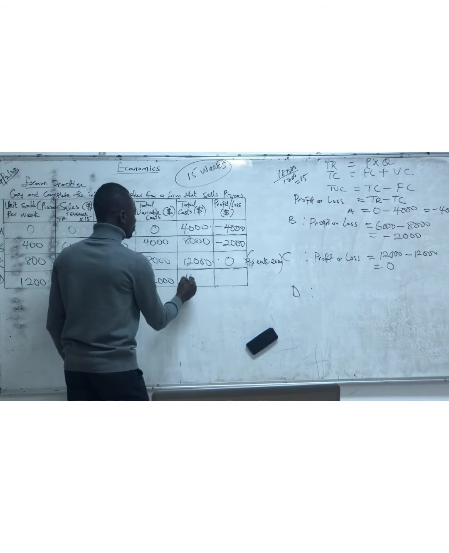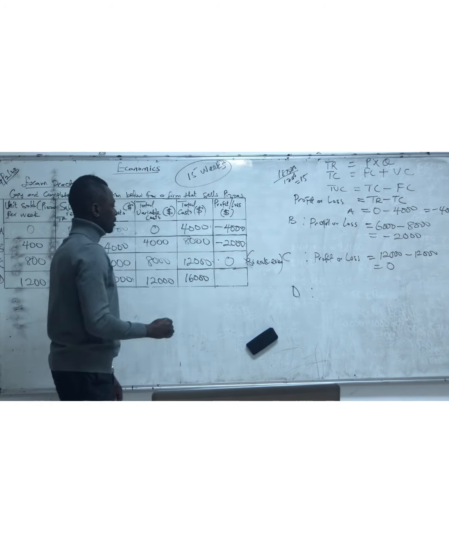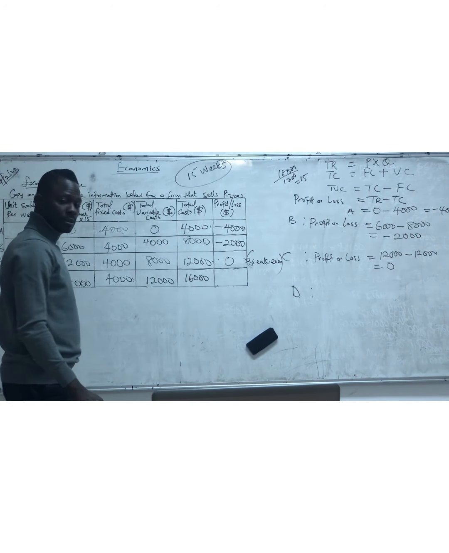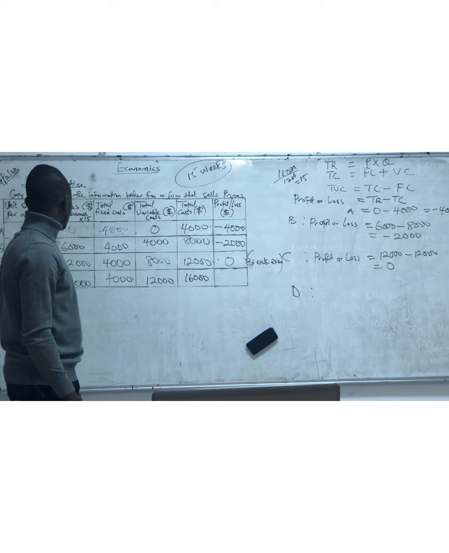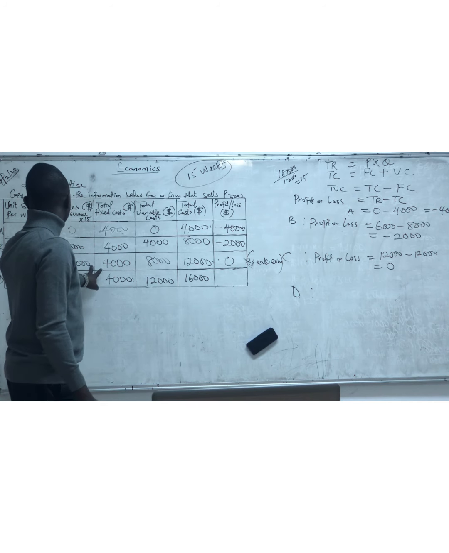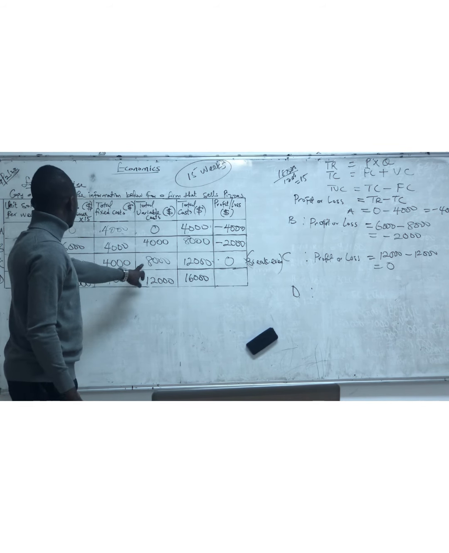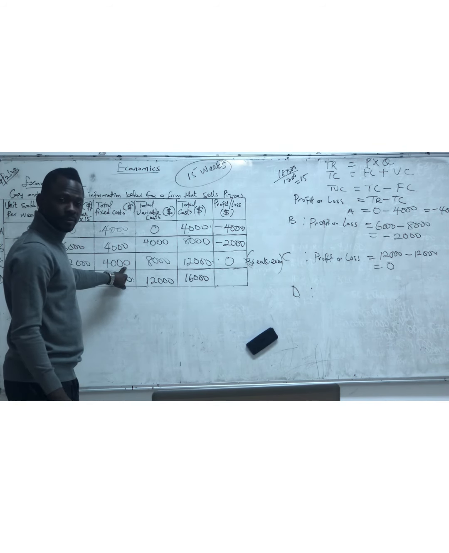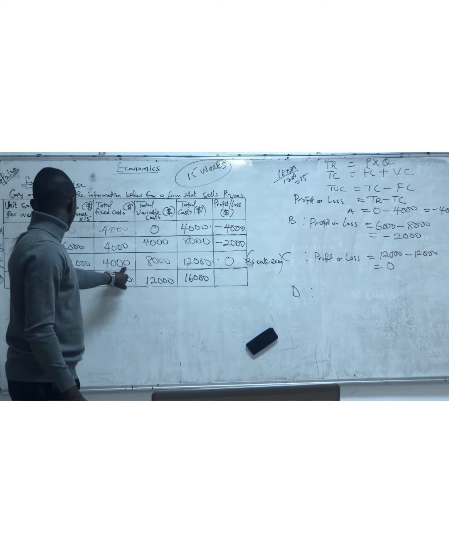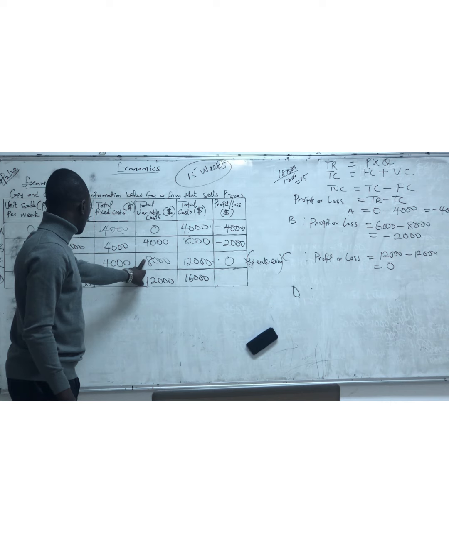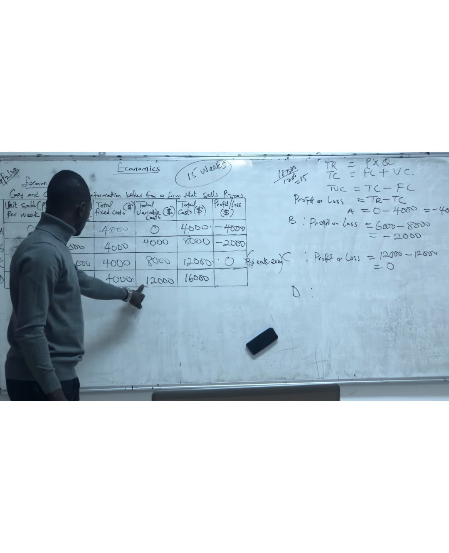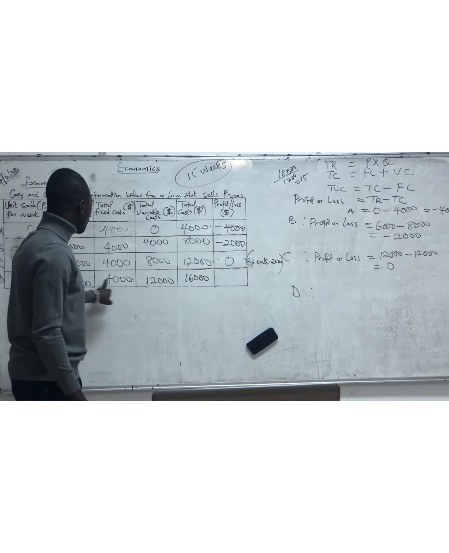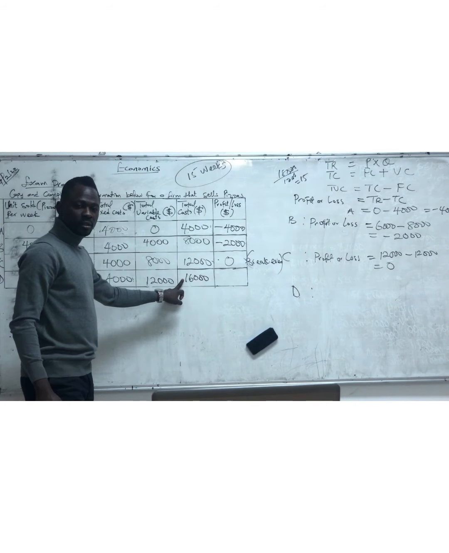This is 16,000, right? Wait. Should be 18,000, not 8,000. That should be 20,000. The variable cost: 4,000 plus 8,000, 12,000. 12,000 plus 4,000, 16.